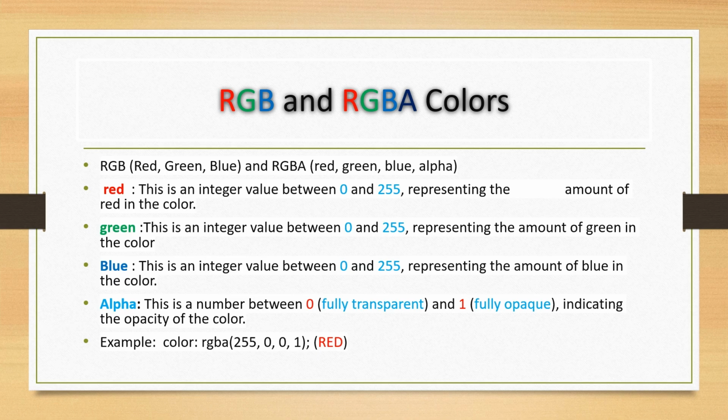Green and blue work the same way. Alpha is a number between 0, fully transparent, and 1, fully opaque, indicating the opacity of the color. Example: color: rgba(255, 0, 0, 1); red.